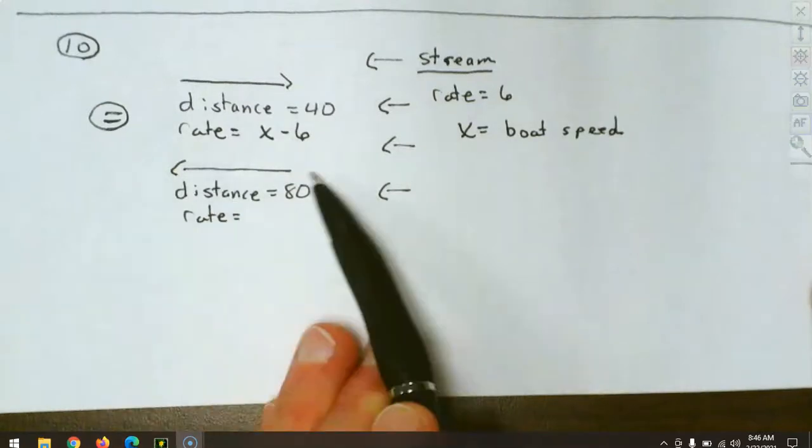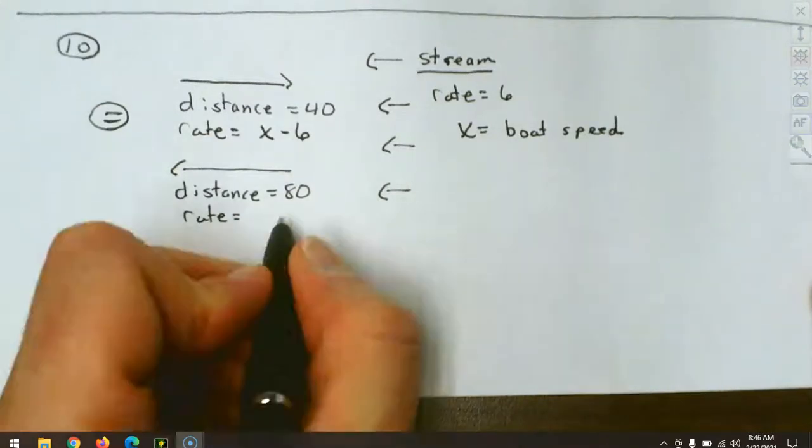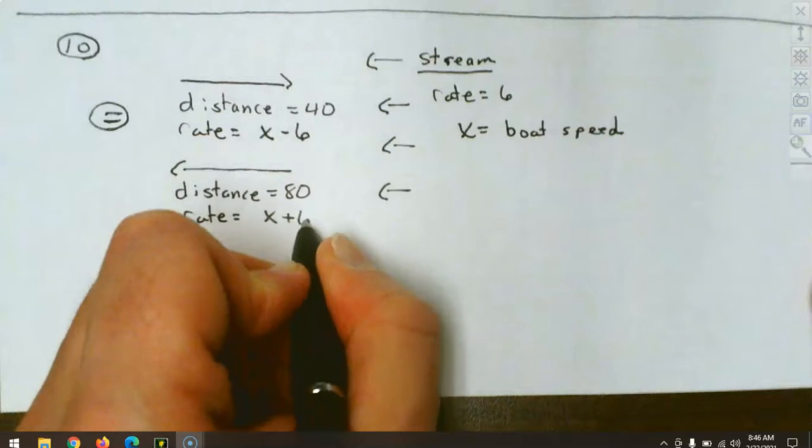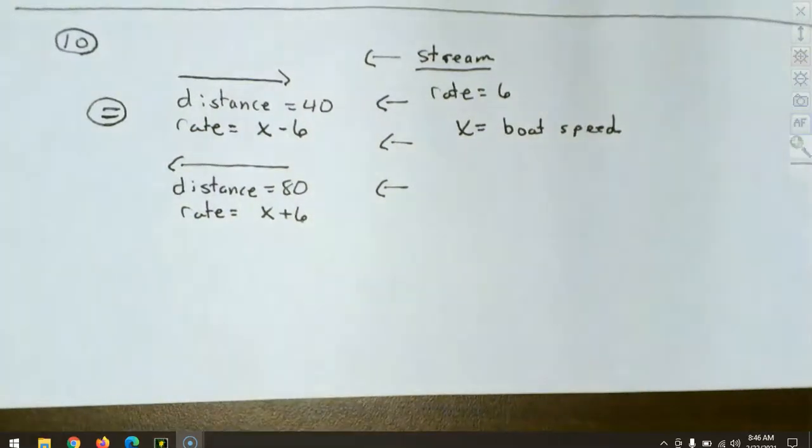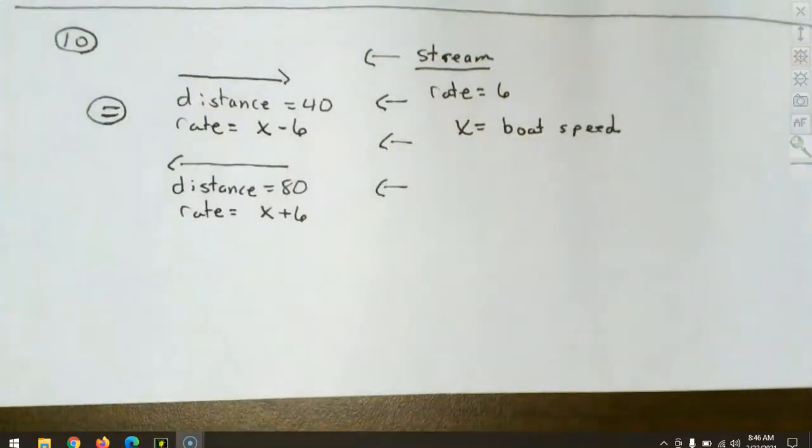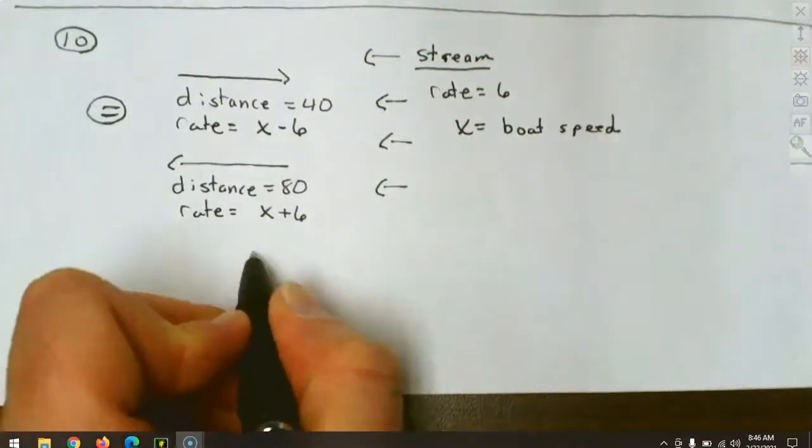What about this one when it's going the same direction? Okay, x plus 6 then. Is everyone okay with how I got that? Now again, we need these three components: rate, time, and distance. What we are missing and what we have not talked about is the time. And we know that the time must be the same.